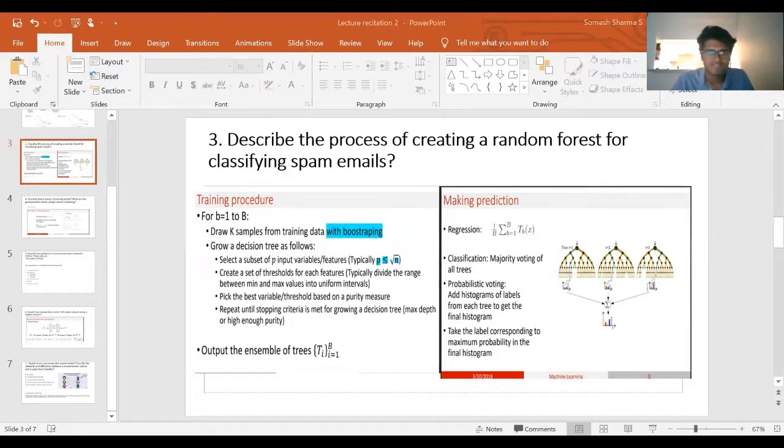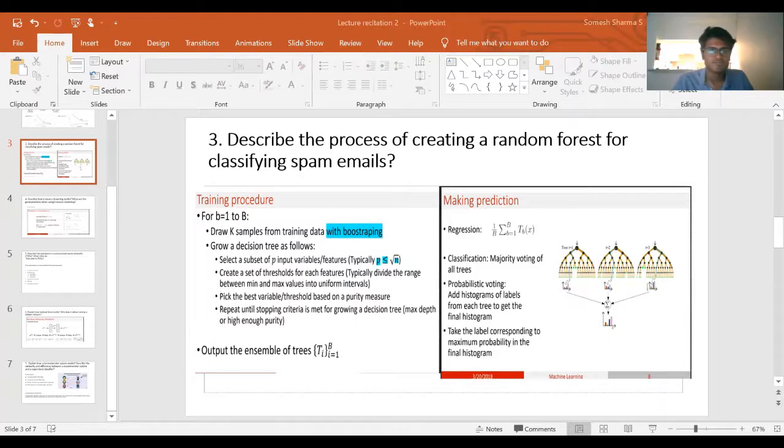That being said, we'll jump into the question asked, classifying whether the email is spam or not. For that, the algorithm is pretty similar to what I've shared in the presentation. The condition is: before the stopping criteria is reached, set b equal to 1 to capital B, which is the total number of trees.